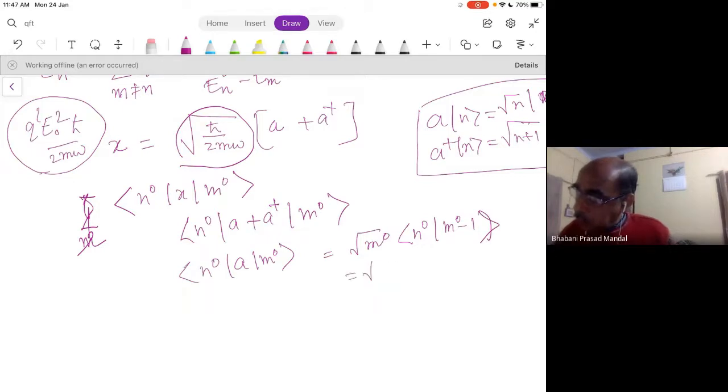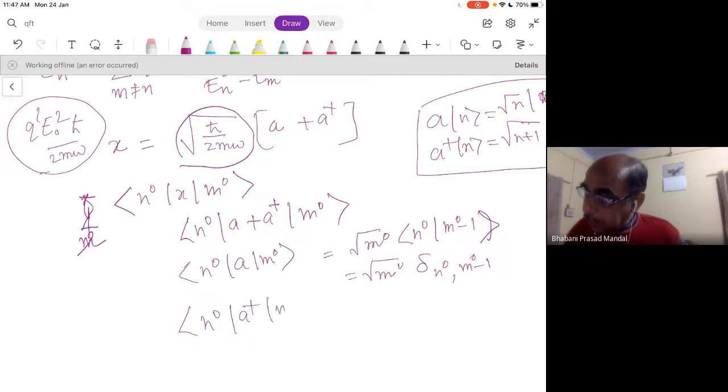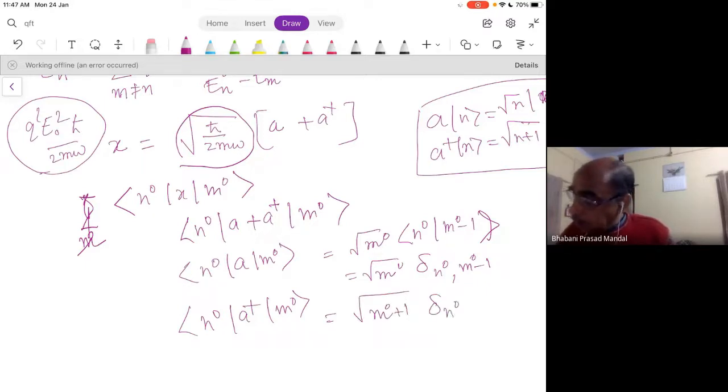So it is root m0 delta n0 m0 minus 1. Similarly, n0 a dagger m0 will give you root m0 plus 1 delta n0 m0 plus 1.